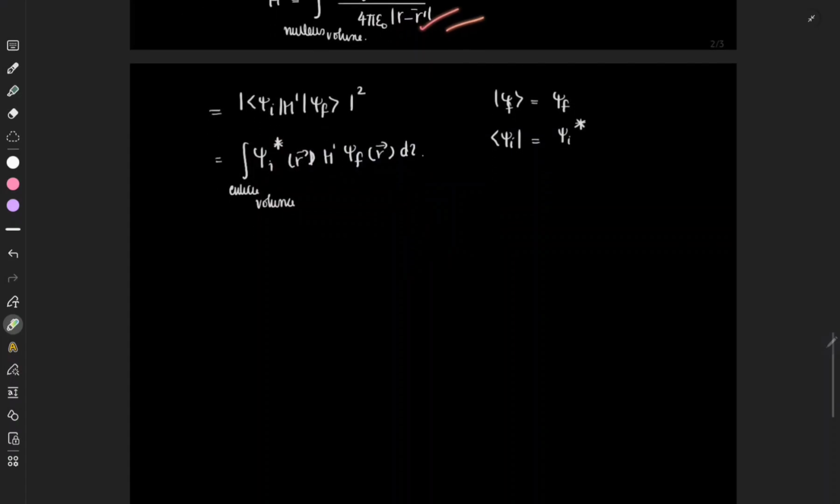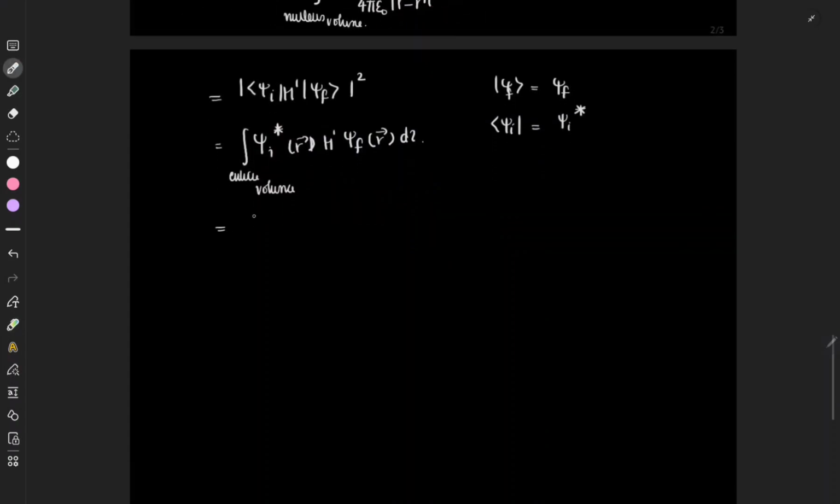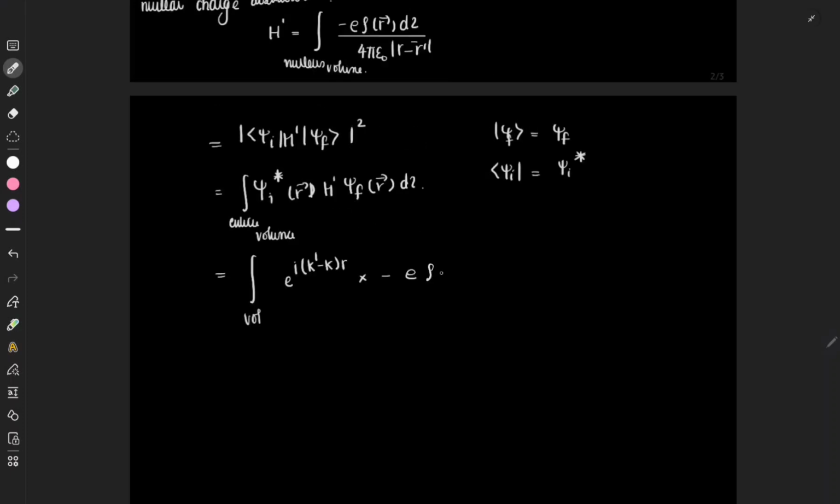Just substitute it, and you will get it like this: the integral sign is still there, e raised to i (k prime minus k) dot r, times minus e rho of r prime d tau prime divided by 4 pi epsilon naught times the magnitude of r minus r prime.